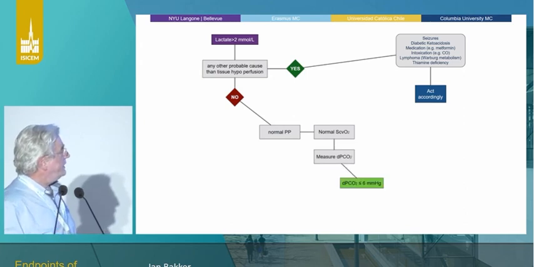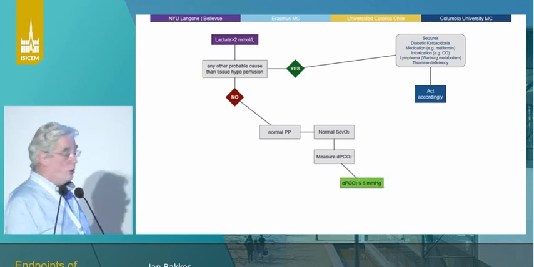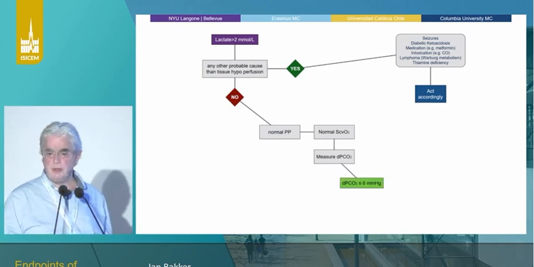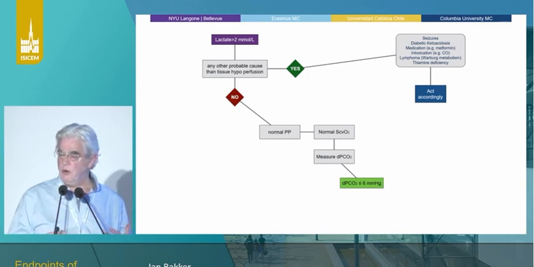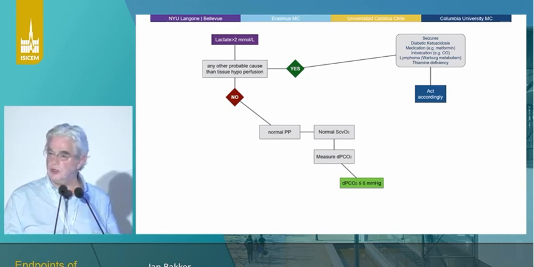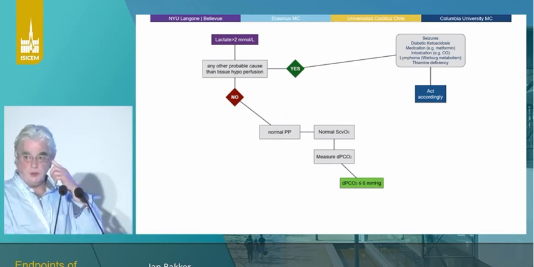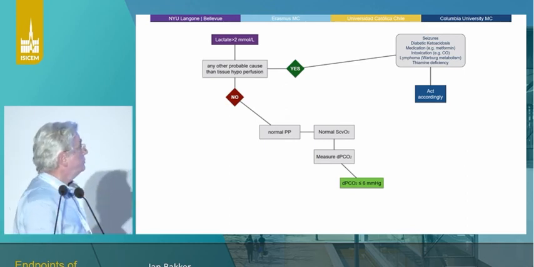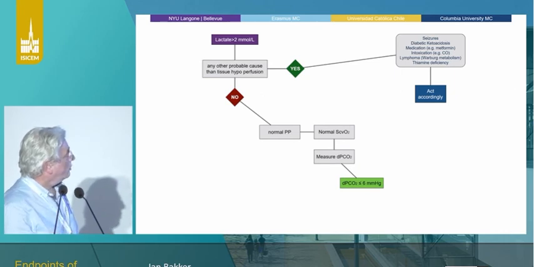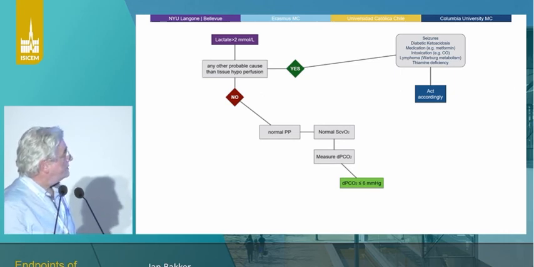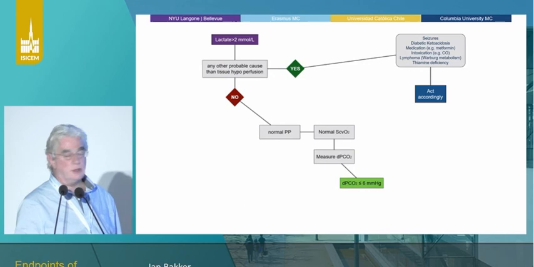If the SCVO2 is normal, then measure the delta PCO2, because we know from the study from Gustavo Ospina that you can have a normal SCVO2 and an abnormal delta PCO2. So if everything is normal, then use your last perfusion parameter, the delta PCO2.